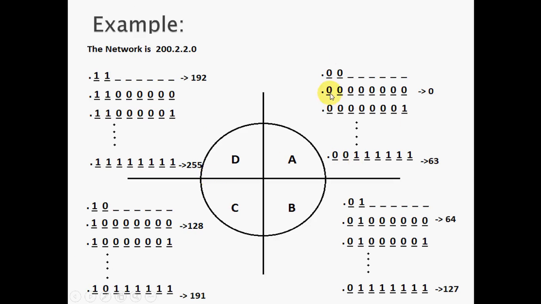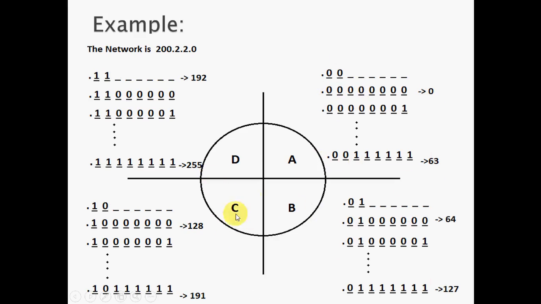for subnet A, 200.2.2.0 will be the subnet network ID and 200.2.2.63 will be the directed broadcast address. For subnet B, the subnet network ID will be 200.2.2.64 and the directed broadcast address will be 200.2.2.127.